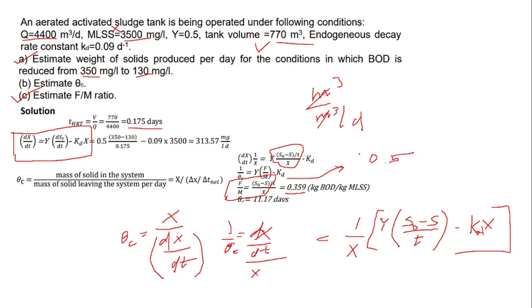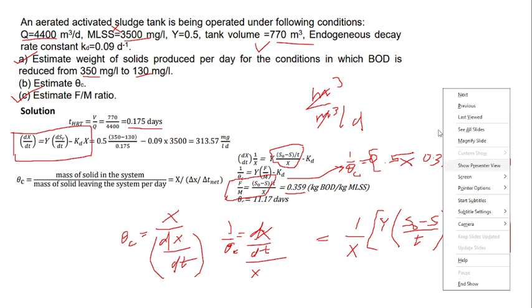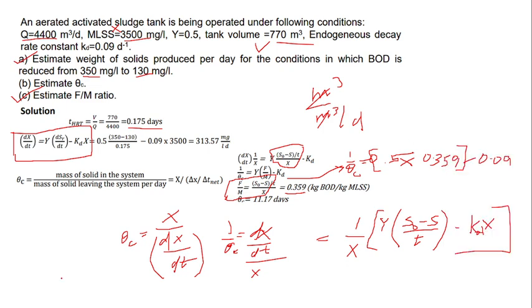So I am solving it here. 1 by theta C is equal to Y, 0.5 given in the question, into F by M, 0.359, minus Kd. Kd is constant, which is 0.09. So to solve this, we'll obtain some 0.008 something.